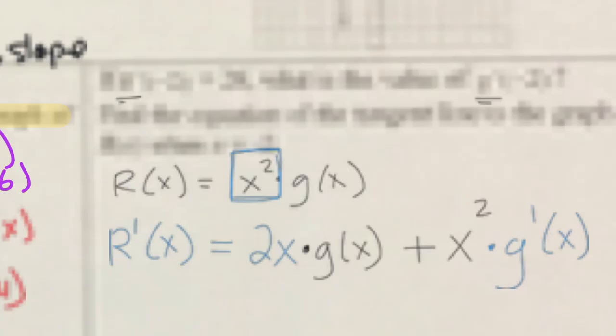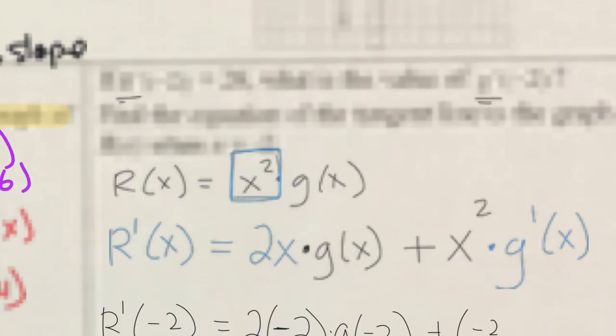So now let's get to evaluating what is r prime of negative 2, right? So that's 2 times negative 2. We're going to replace x with negative 2 everywhere we see it, times g of negative 2 plus negative 2 squared times g prime at negative 2.